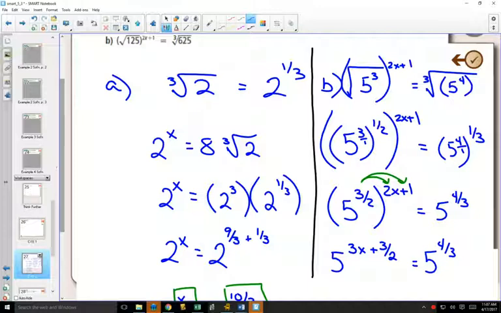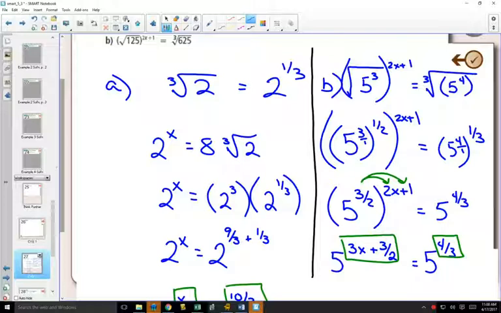So my goal at first was, can I work with my exponent laws to write both sides as a single power with the same base, which I've done. Both sides are powers of 5, and if I have powers of 5s on both sides and they're equal, well, that means that if those powers are equal, those exponents have to be equal. That's the only way that it makes sense.